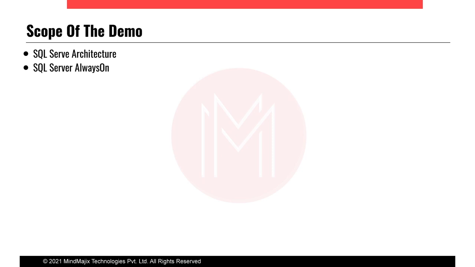SQL Server is a client-server architecture. The MS SQL Server process starts with the client application sending the request. I have a diagram to explain this, which will make it much easier.